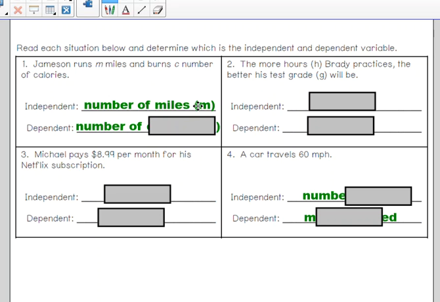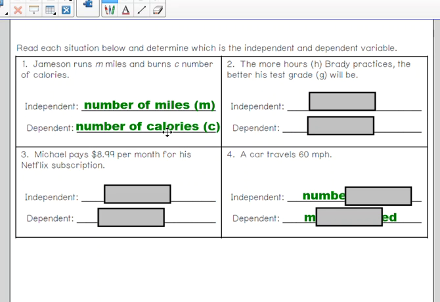Now, this is our control, all right, this is our IV, and that is going to determine how many calories she burns. That means this, the DV, is number of calories, C. So just to think about this one, how much she runs determines how many calories she will burn.